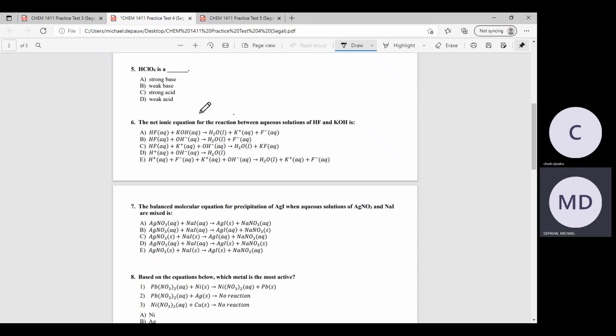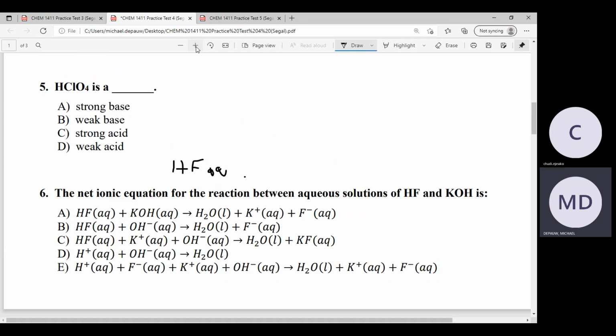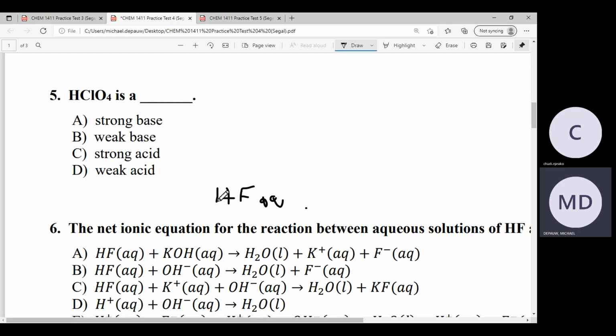So in this case, the reactants are going to be HF, which it says is aqueous. And I need to zoom in. Okay, HF, there we go. Aqueous plus KOH.